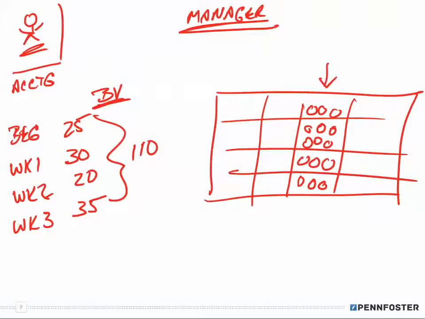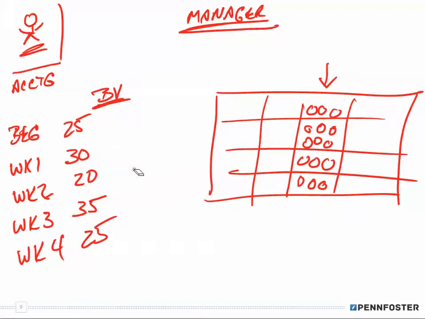And let's do that one more time. This time in week 4, he buys, let's just make it 25 again. I don't care what the numbers end up being. So our available for sale is now 135, so that's our goods available for sale.